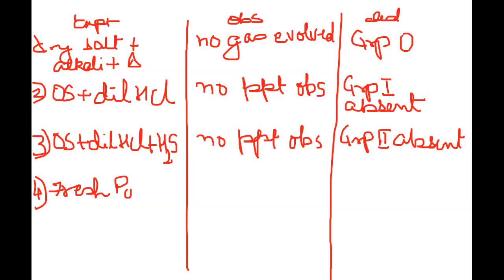Let me just tell you once again, this is the dry salt and the alkali. We are warming, no gas evolved, group 0 absent.